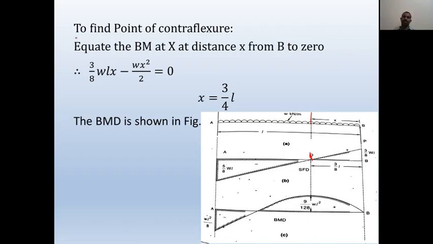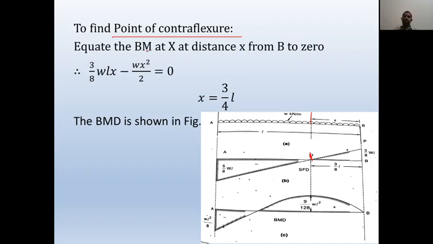Apart from that, let us also calculate the point of contraflexure. You know, the point of contraflexure is a point where the bending moment changes its sign from positive to negative or negative to positive, and from this it is clear that exactly at the point of contraflexure we are going to have zero bending moment.